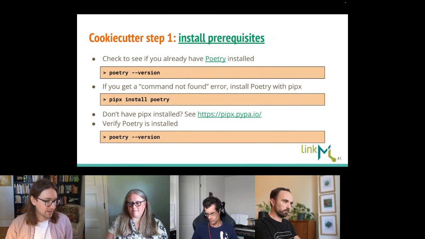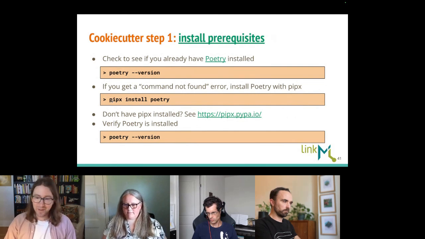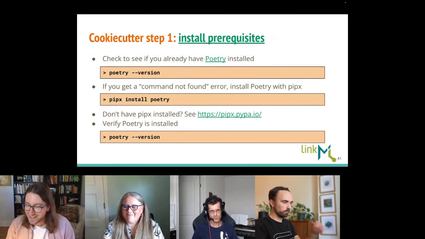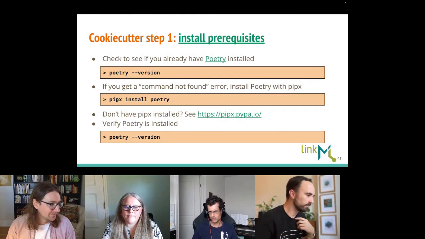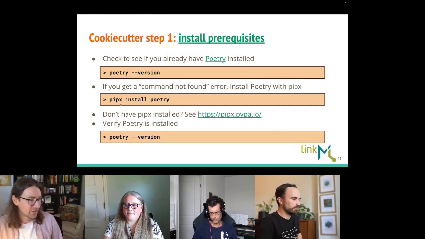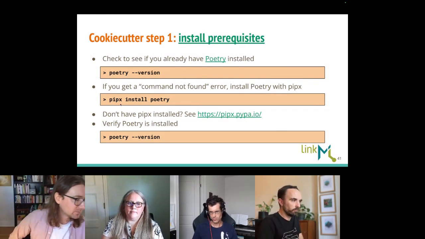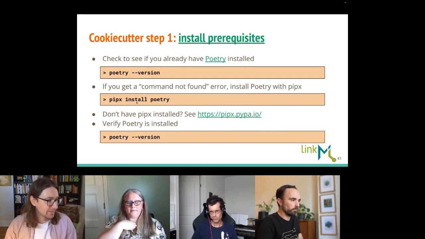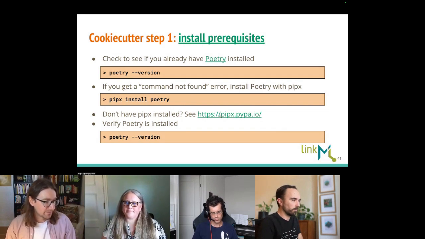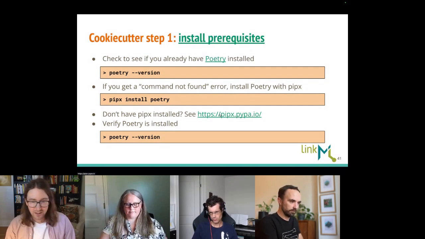Pipx is a modern Python tool for installing Python-based command line applications. Hopefully you already have pipx installed, as we sent out instructions ahead of time. But if not, there are some nice instructions in the pipx documentation.